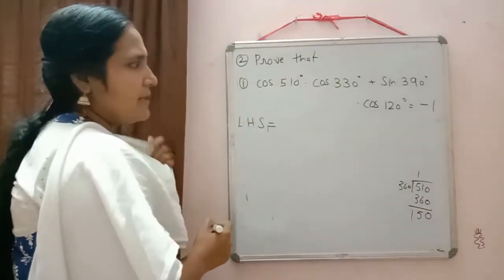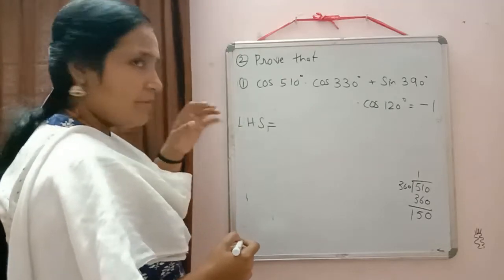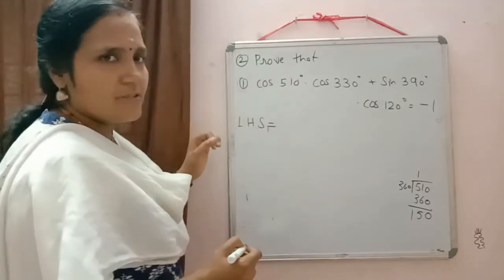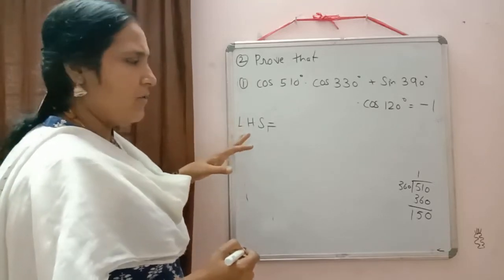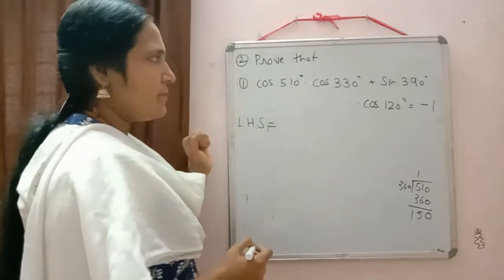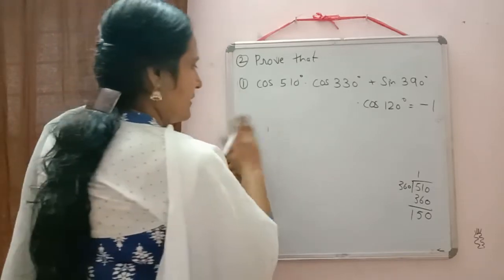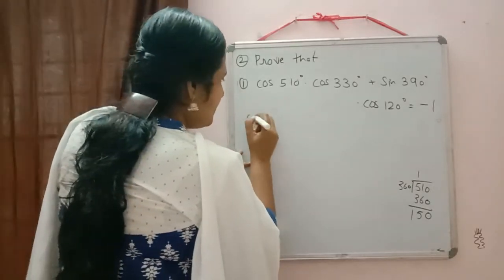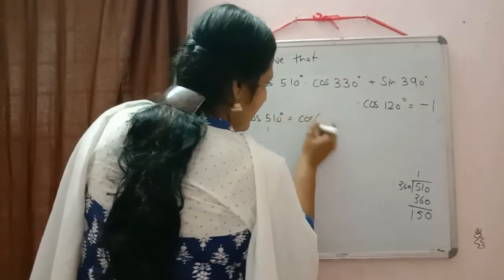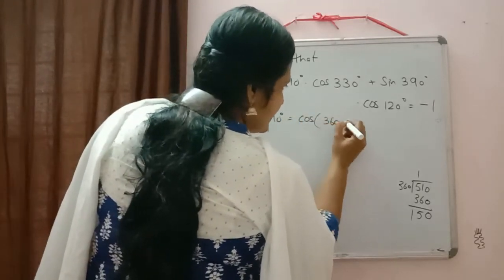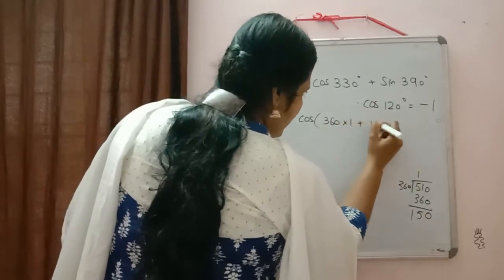So if you want, you can calculate all the values separately and then substitute. Can I do it that way? Okay. So first I am calculating cos 510 degree. Cos 510 degree is equal to cos of 360 into 1 plus 150 degree.